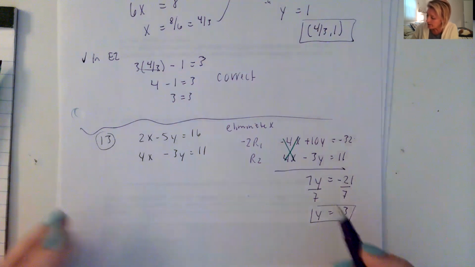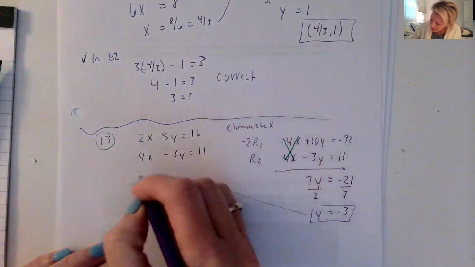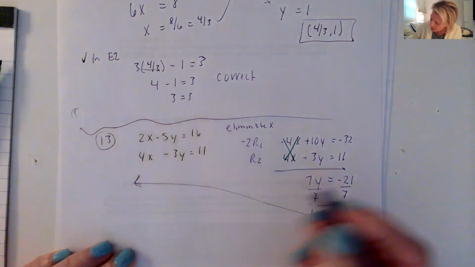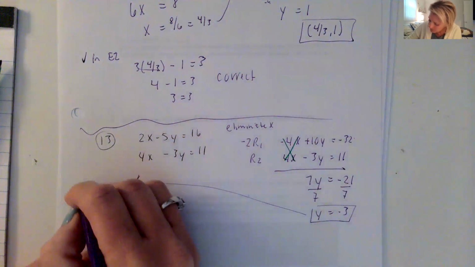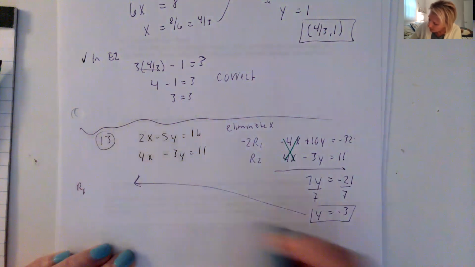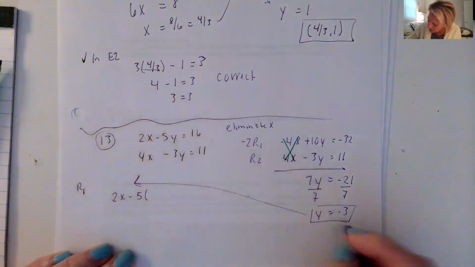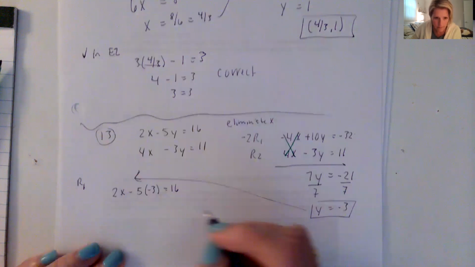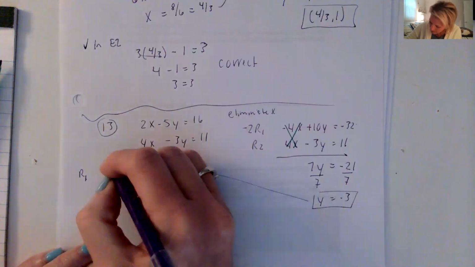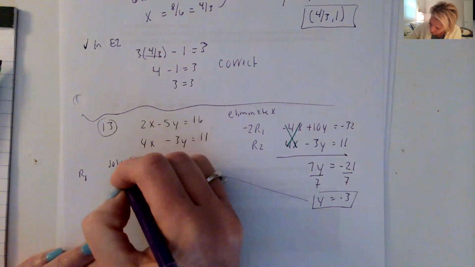Okay. And then y equals -3, I'm going to put into either of my equations. So I'm going to just put it into row 1. So I'm going to use row 1 to solve for x. So 2x minus 5 times y, which is -3, equals 16. I'm just going to write what I'm doing here. So now I'm going to solve for x.